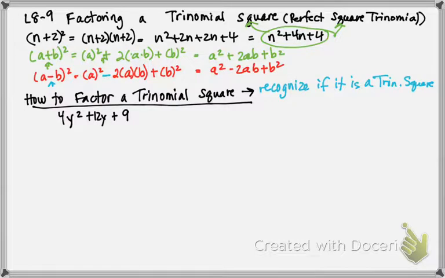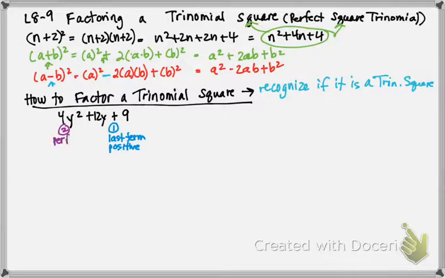So here's the first thing you have to look for. First, is the last term positive? That's the first thing. If that's a negative, then don't even go back. Okay? Then we're going to look for the second thing.